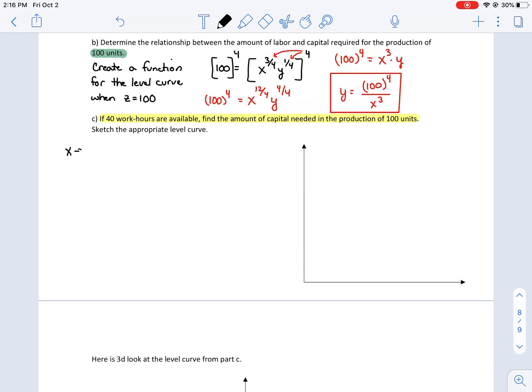Okay, so remember that x is the amount of work hours. y is equal to 100 raised to the fourth power divided by x cubed. This is the level curve for 100 units produced.